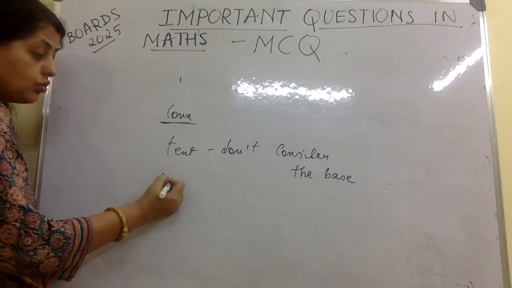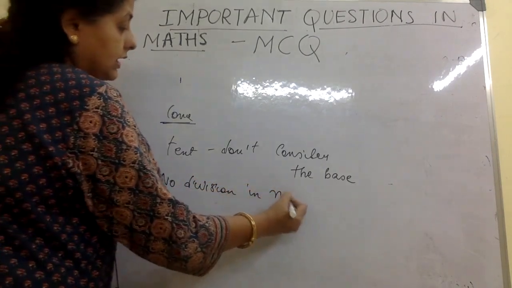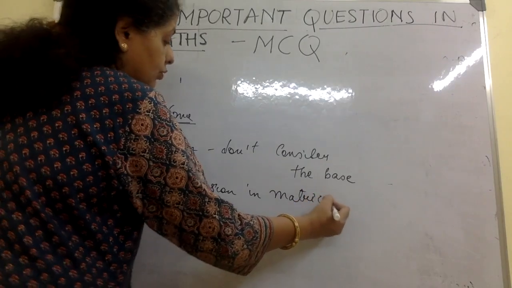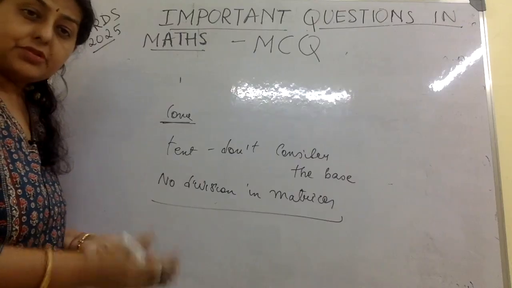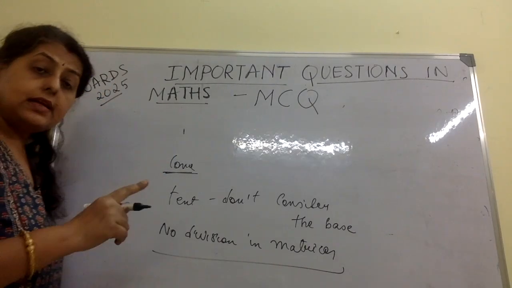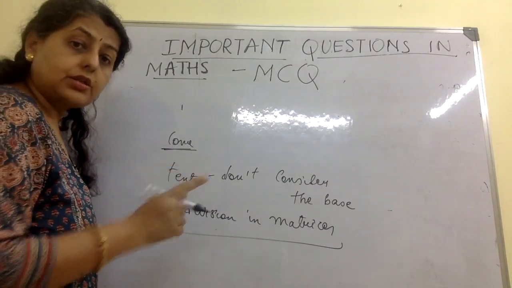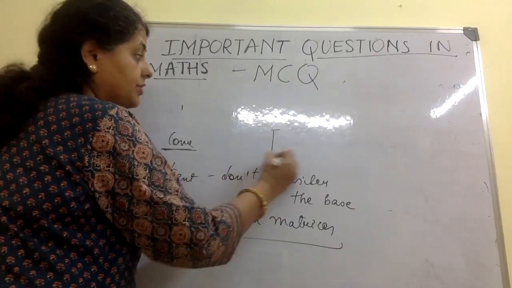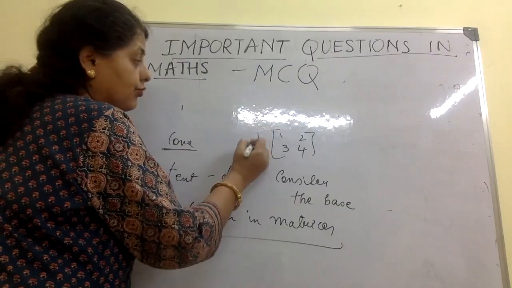Second thing, no division in matrices. I'll clarify this. What I mean is, don't divide one matrix by another. There is something called scalar multiplication that you can do. Like you have a matrix 1, 2, 3, 4, whatever, and you have 1 by 3.